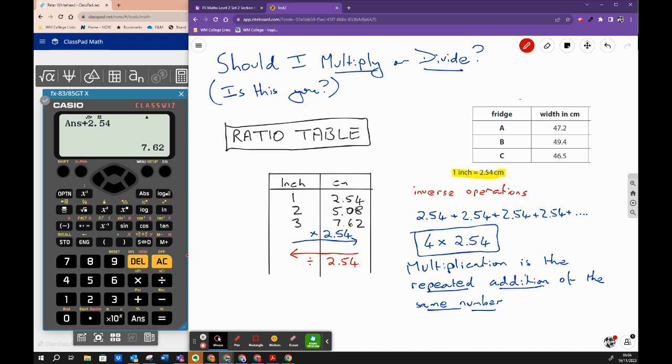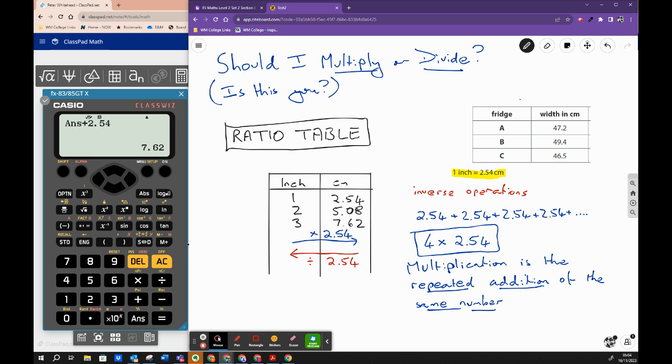So again, we can see that we've set up our structure in our ratio table, and it's then just a question of what is it that we're asked to do? Are we given a piece of information in centimeters, or are we given a piece of information in inches? Well, let's take something from here, this width in centimeters.